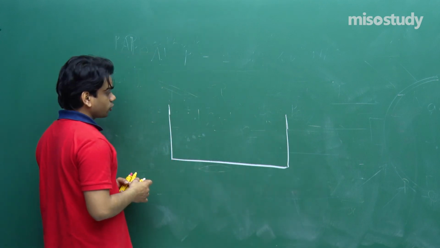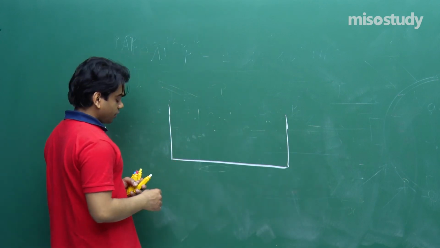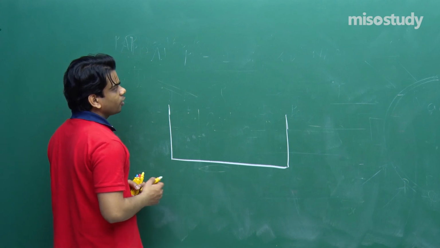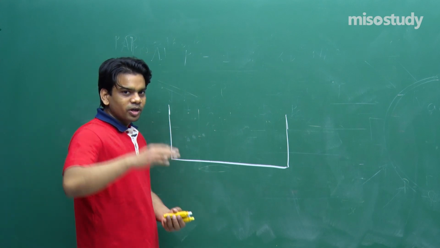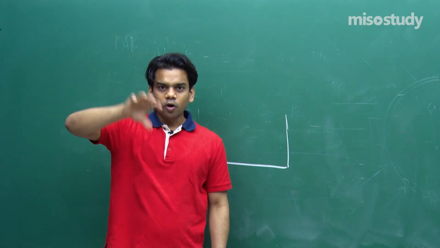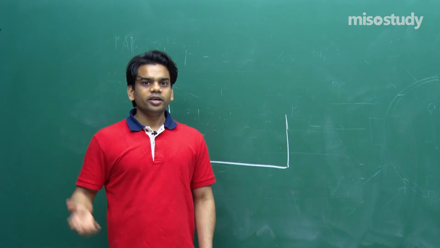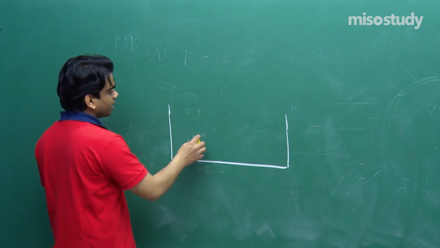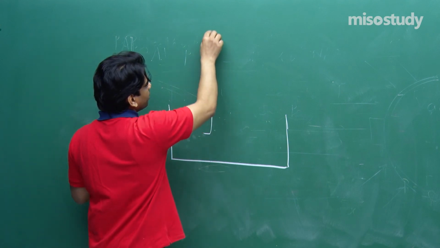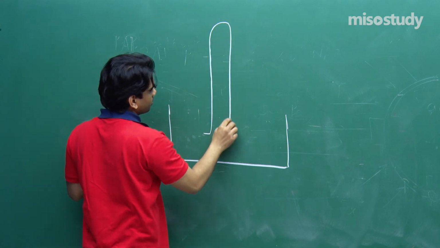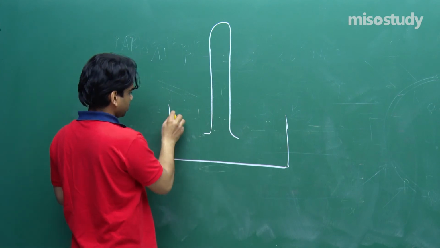Suppose this is a vessel which you have filled entirely with mercury, and he took a 1 meter long tube, poured mercury inside it, and closed the top end with his thumb. He inverted it such that no air can move inside, and this is the way in which he inverted.